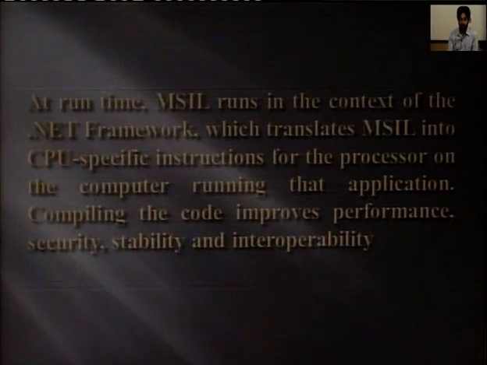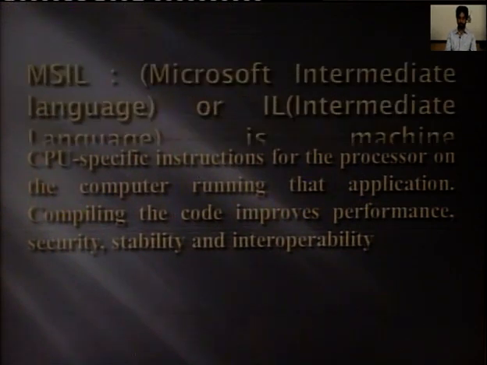The runtime of MSIL runs in the context of the .NET framework, which translates the MSIL into CPU specific instructions for the processor on the computer running the application. So, common code improves the performance, security, stability and interoperability.